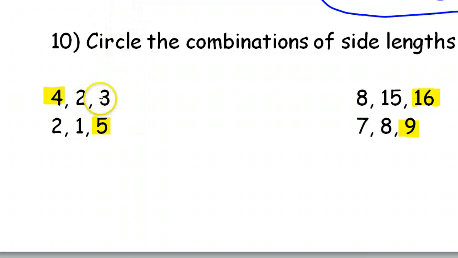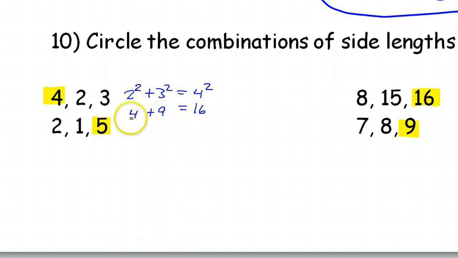For example, does 2 squared plus 3 squared equal 4 squared? That's the question. Well, I know that 4 squared is 16, and here I have 2 squared is 4 and 3 squared is 9.